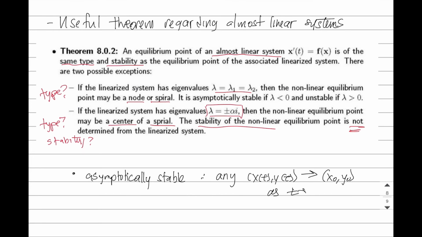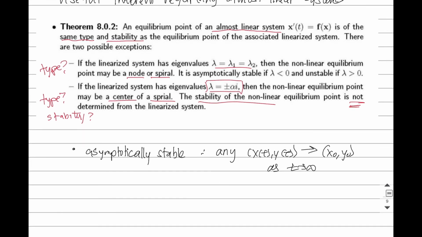If you start somewhere close to your equilibrium point, at some point you will just have to get sucked into it. There's no way around it. That's what asymptotically stable means. This is the kind of thing we think of when we think of sinks or stable spirals. Everything gets sucked in.